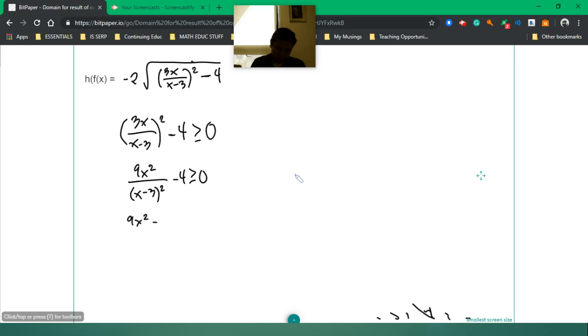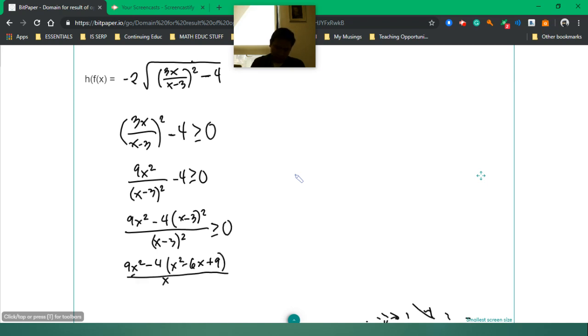So we have 9x squared minus 4 times x minus 3 squared all over x minus 3 squared. Simplifying our numerator gives us 9x squared minus 4 times x squared minus 6x plus 9. Same denominator.